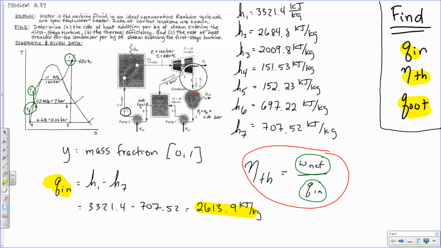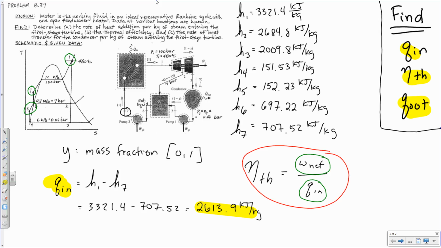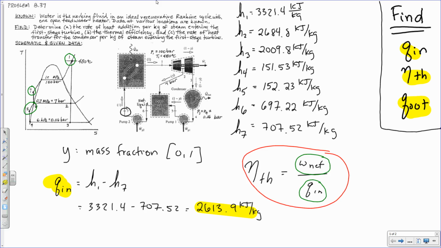So if we go back to the first law equation that we wrote for the turbine, we recognize that W dot is equal to, well, there's only one inlet. It's the total mass flow rate times the enthalpy at the inlet, which is state 1, according to our diagram, minus the mass flow rate exiting at each one of those outlets.